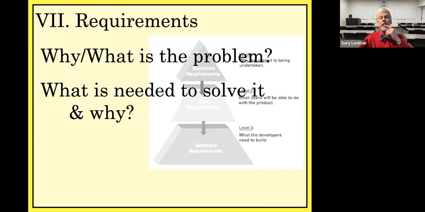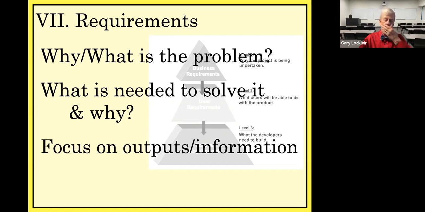So that's all explained in the requirements. From a computer science perspective, we focus on the outputs. We focus on the information that needs to be generated. So here succinctly, if anybody ever asked you, well, what's the requirements phase of software engineering all about?